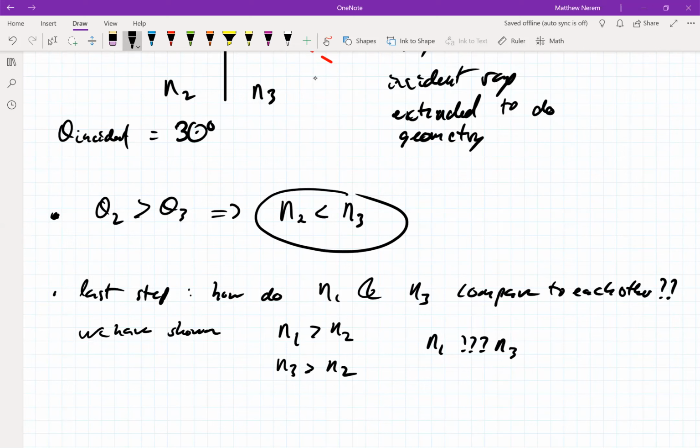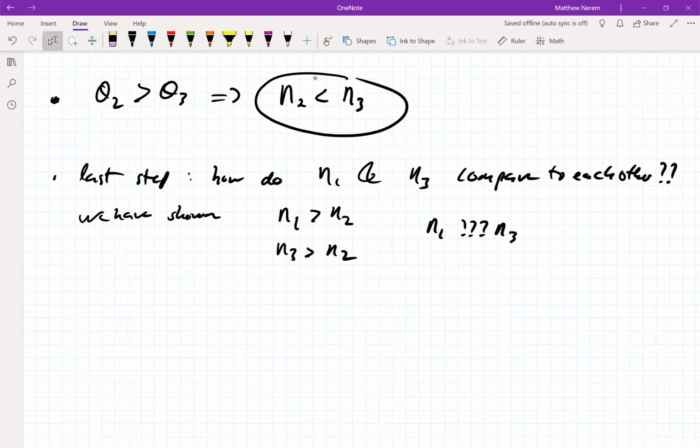Once again, we could take Snell's law and explicitly evaluate the indexes of refraction. We have all that information, but I like to be lazy, and I like to show you smart tricks. So let's start to apply Snell's law, but not calculate it. The n1, n3 relationship.